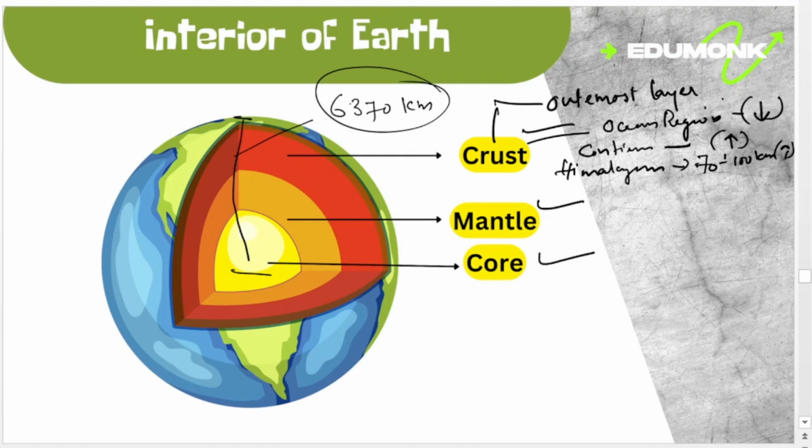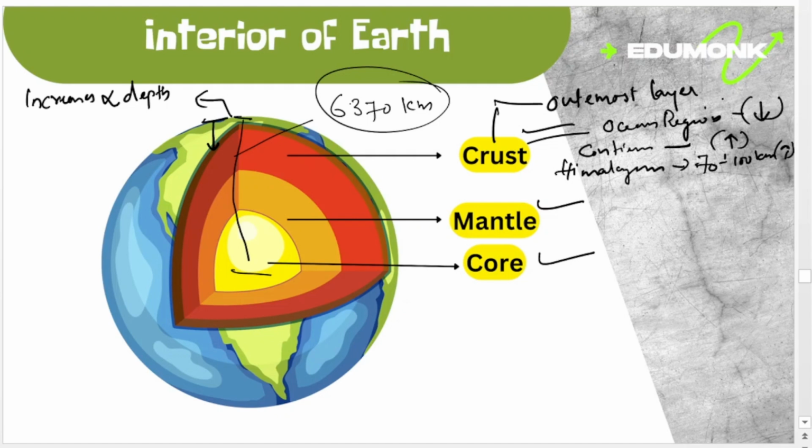Then considering the temperature, the temperature of crust increases with depth. We have a crust of around 50 to 100 kilometers. When the depth increases, the temperature of the Earth's interior also increases.